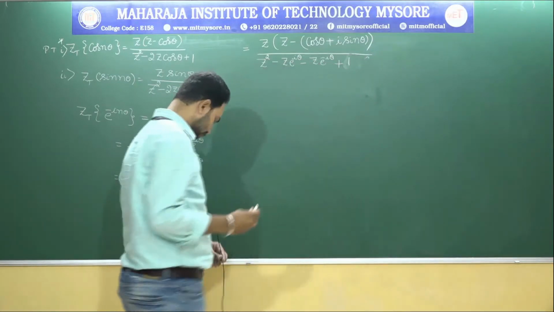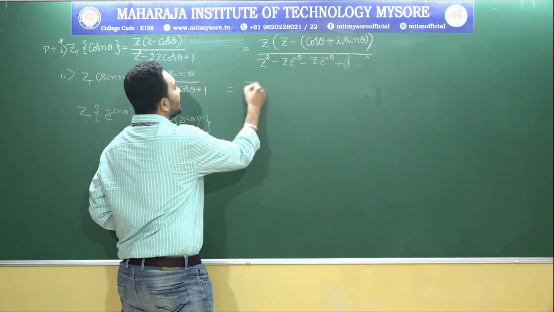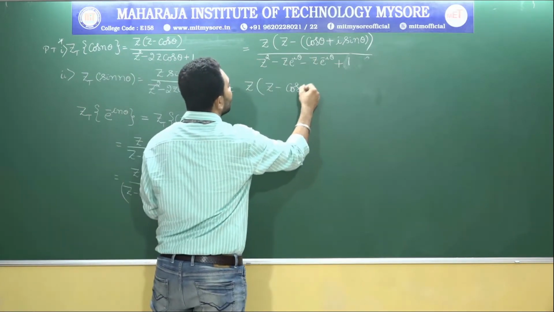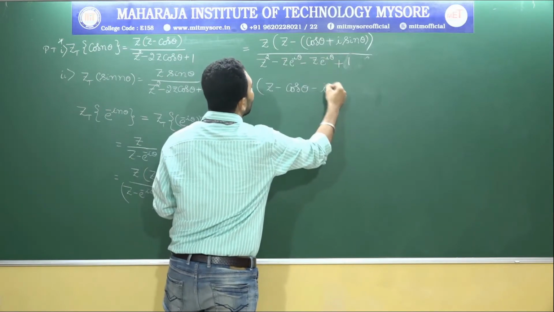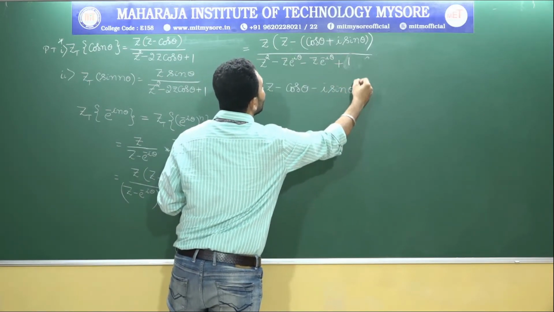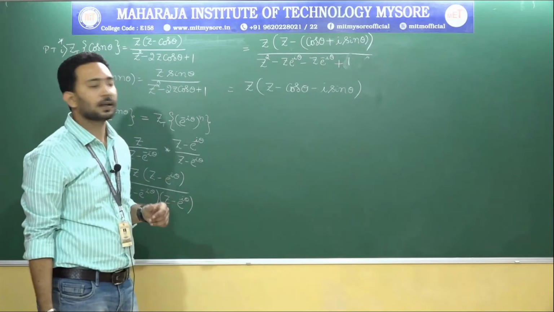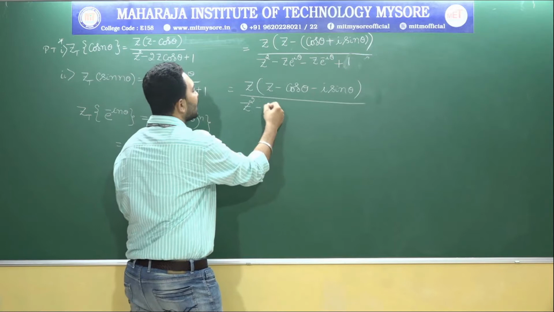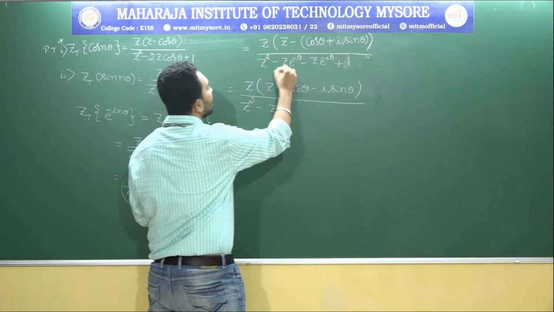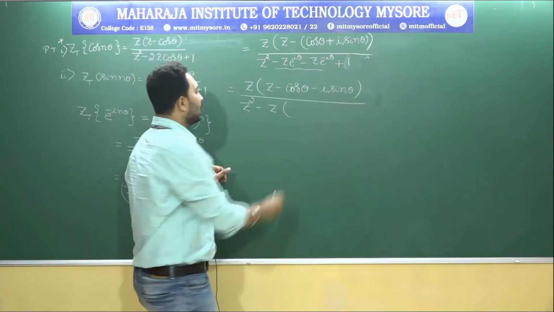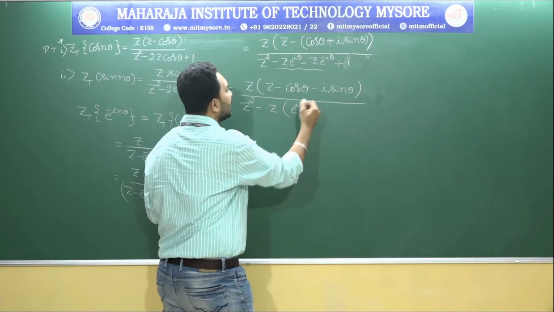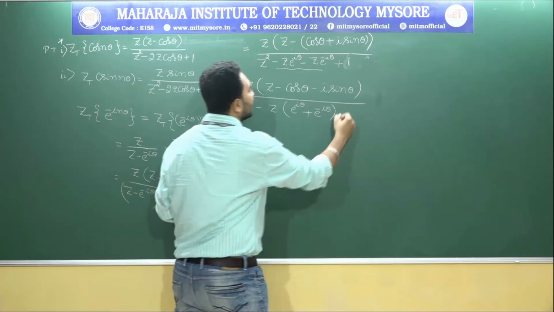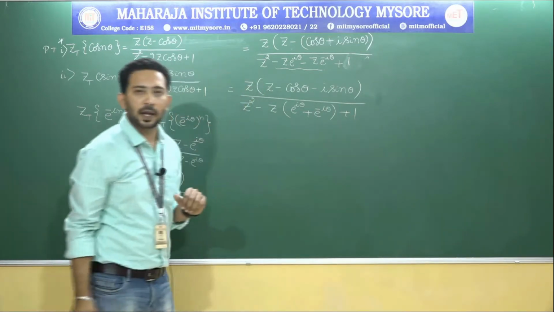Next, z minus cos theta minus i sin theta divided by z square minus z into, if I take minus z common, e power i theta plus e power minus i theta plus 1.